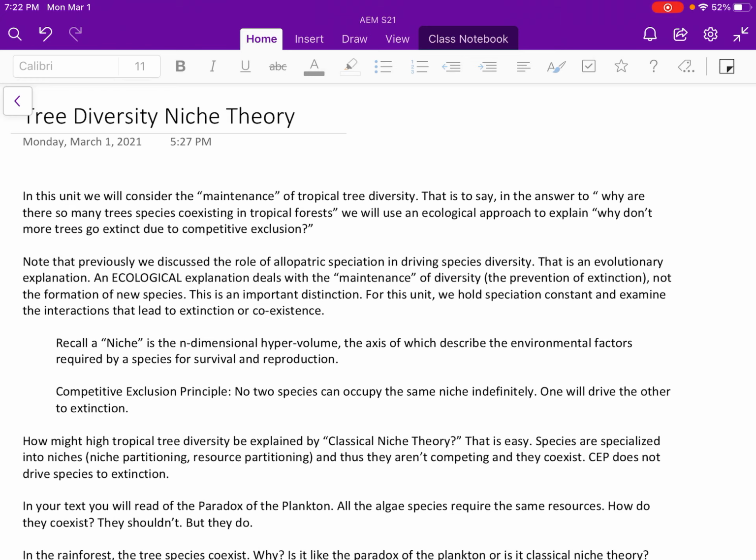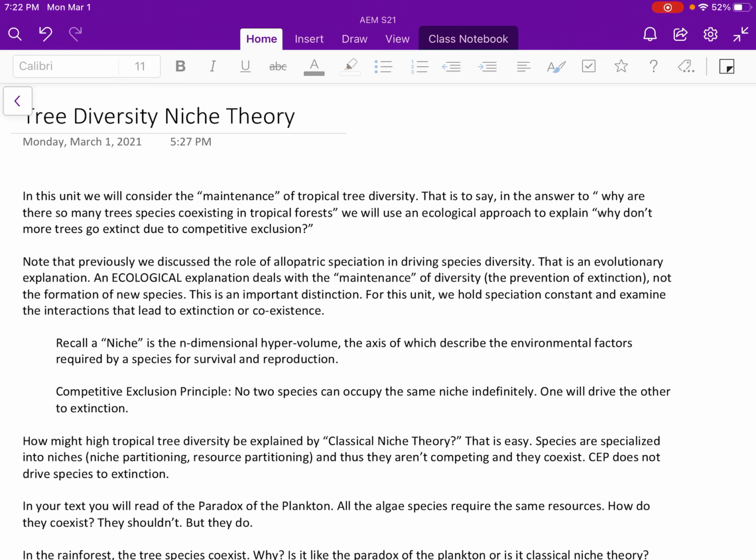So again, the big question is: in a single hectare, which is 2 football fields of forest, you have 300 species. In 50 hectares you have several thousand species. How do all those species of trees coexist? If you just allow ecological interactions, we should see some of them driving others out.